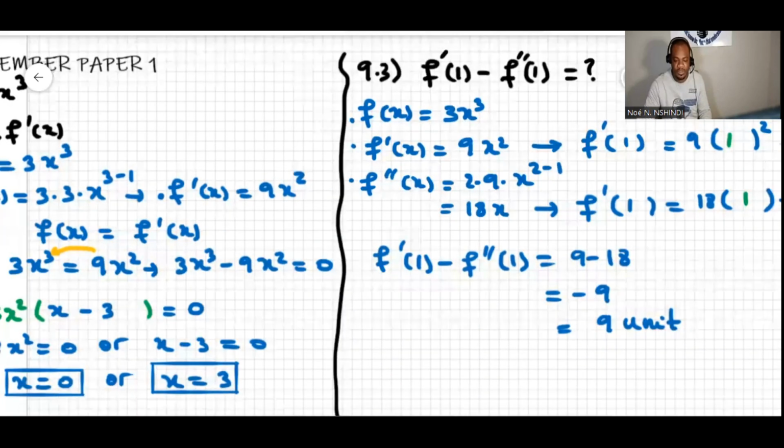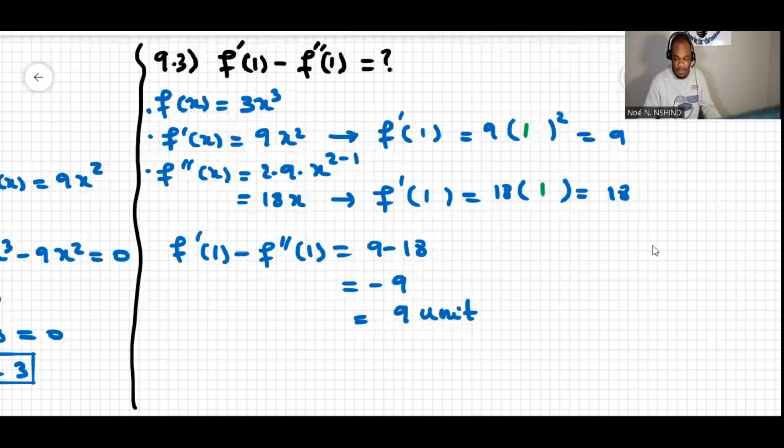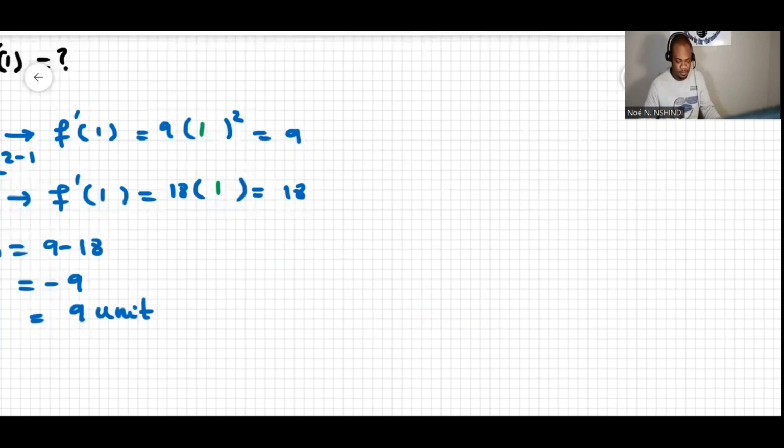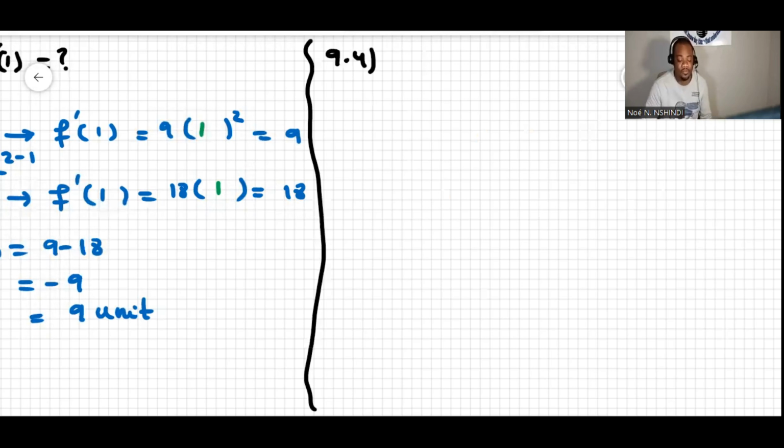So, 9.4. We're looking for the value or values of x for which f of x minus f prime of x will be lesser than 0.